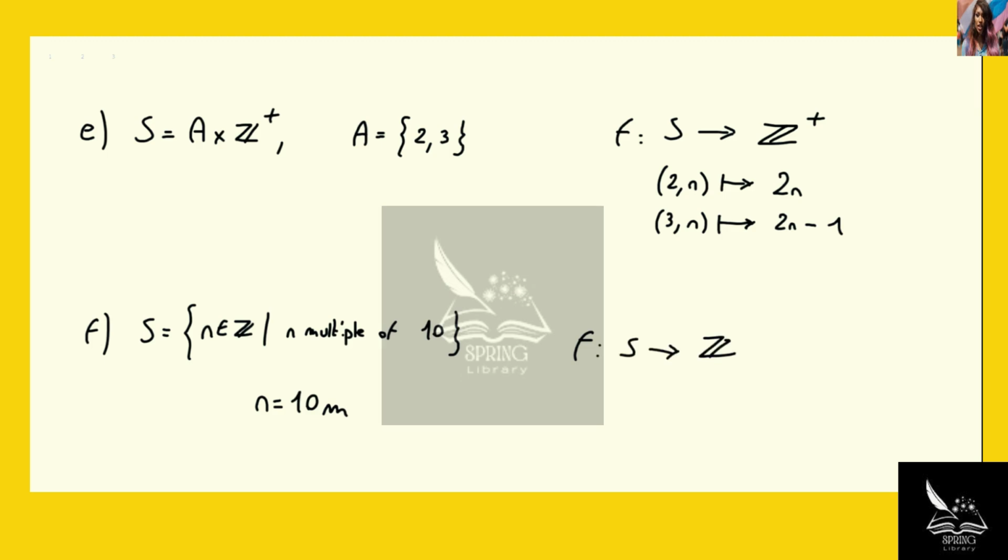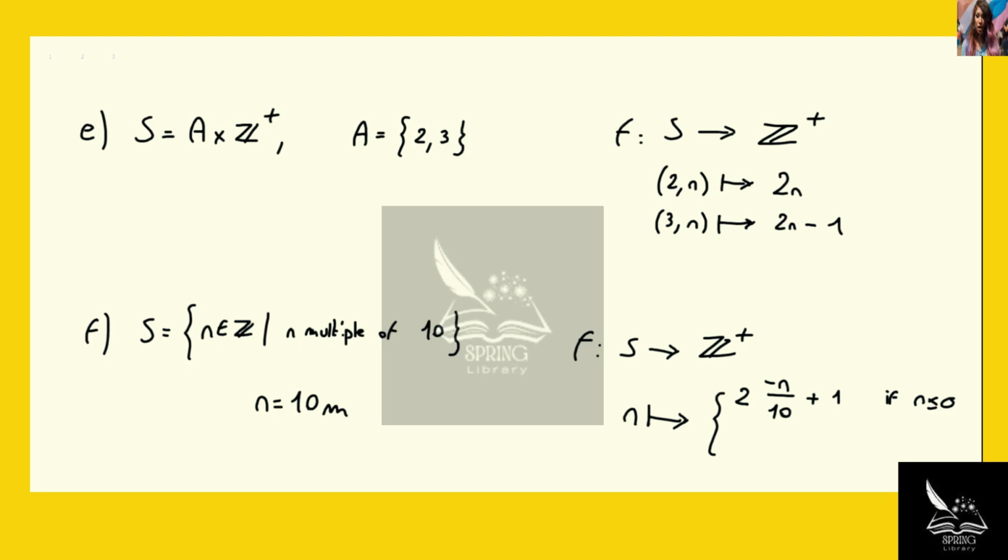S goes into Z plus, where n goes to 2 times (minus n divided by 10) plus 1 if n is lower or equal than 0.